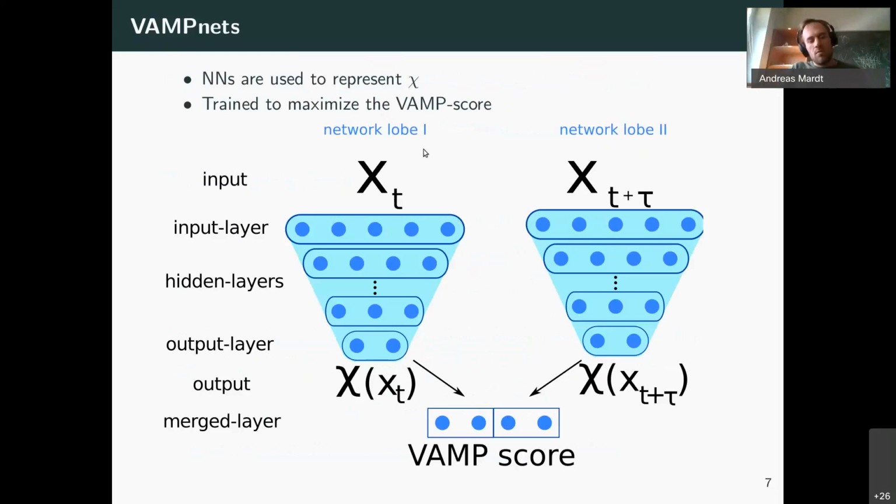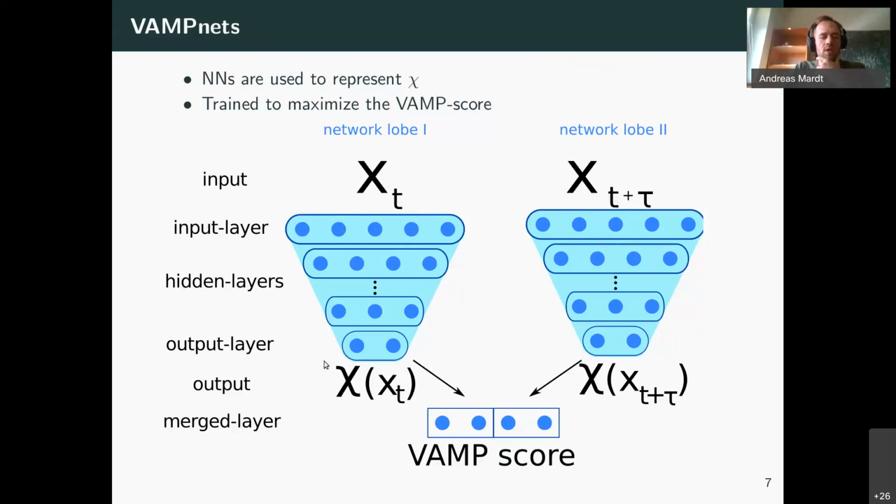Okay, this is just a scheme. We have here our coordinates, how we observe the system, x of t, and a time-lagged version. And we call this a lobe. This is a neural network. And we have the lobe of time t and the lobe of t plus tau.